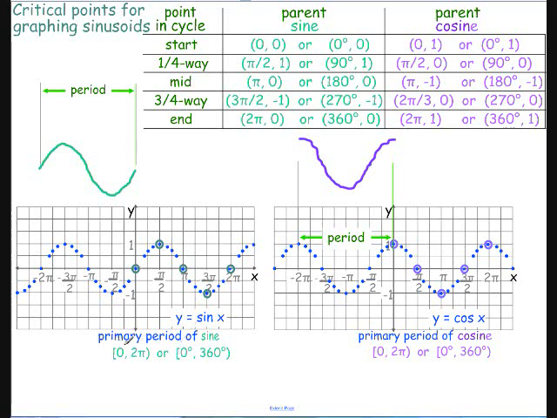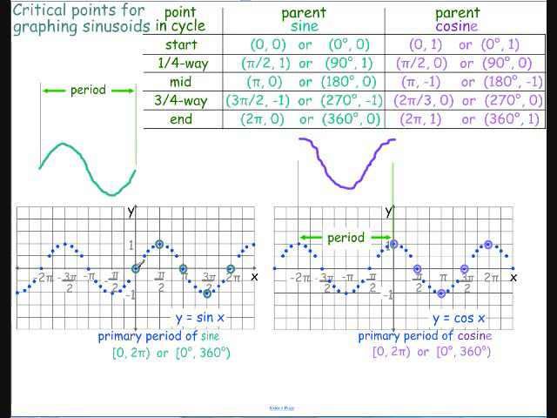So we could do that with the primary period of sine, going from, notice this, we're going to include the 0 up to 360. Well, I'm not going to include the 360, however, I am going to graph it. So the reason we are not going to include 2 pi or 360 is because when the next cycle begins, it begins right there. So we don't want to count it twice.